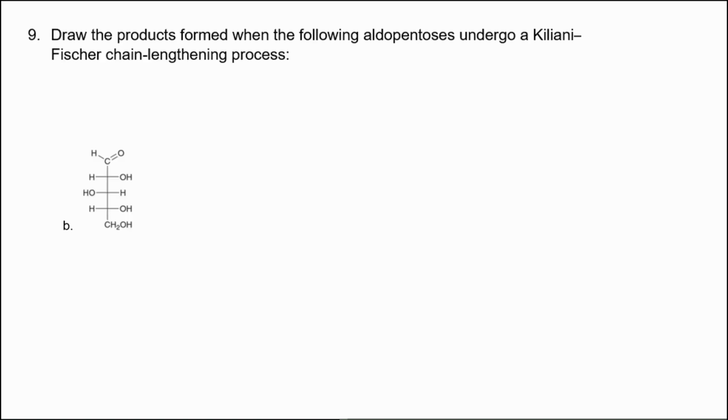Here we are going to draw the products formed when the aldopentose, this one here, undergoes a Kiliani-Fischer chain lengthening process. So we're using the HCN, H2 palladium, barium sulfate, and water. So this is here before.